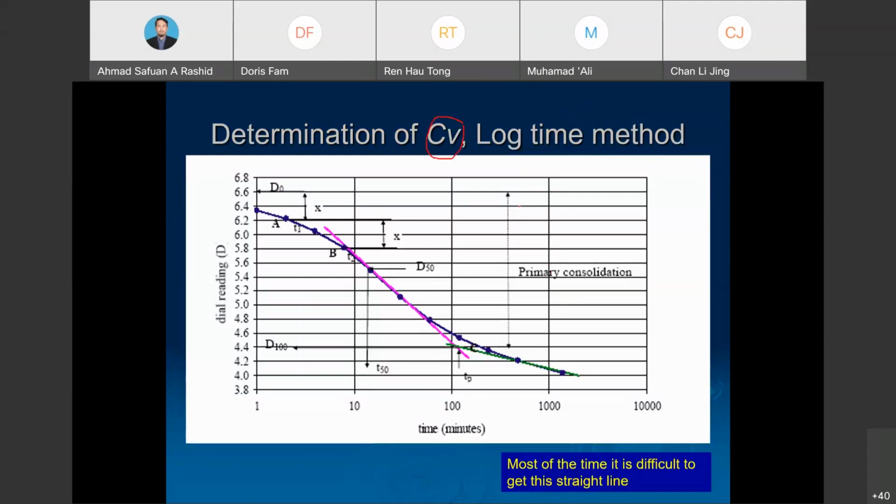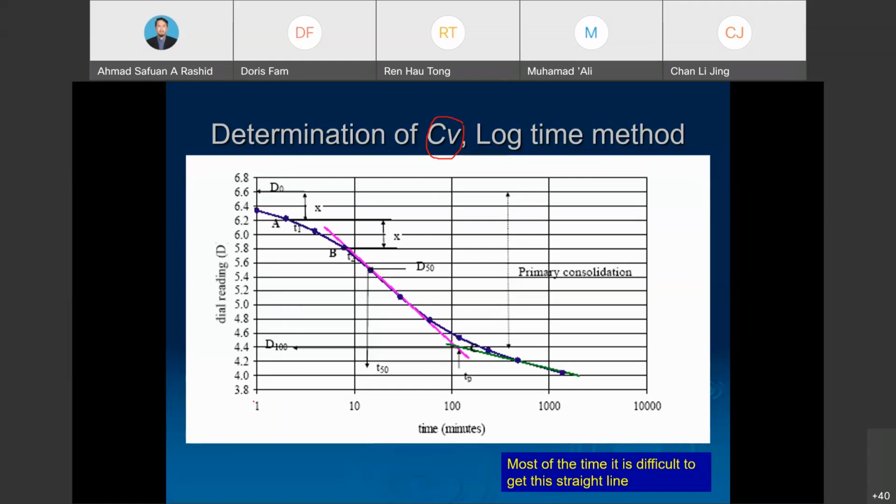First, we need to plot all the values that we gain from the consolidation test in this log scale graph. For example, pada bacaan 1, because of the limitation of this Casagrande method, definitely it could not start at 0, sebab mana ada log scale graph mula dengan 0.